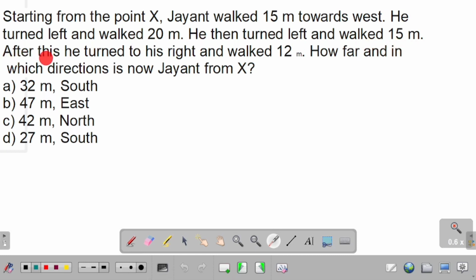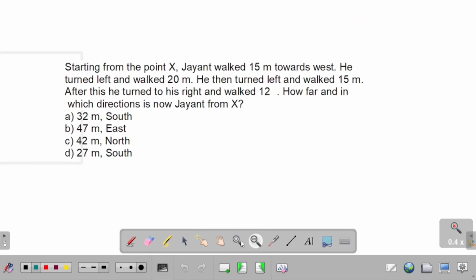After this, he turned to his right and walked 12 meters. How far and in which direction is Jayant now from X? So what is the distance of Jayant from the point X and in which direction? Like the previous question. So we will solve it.